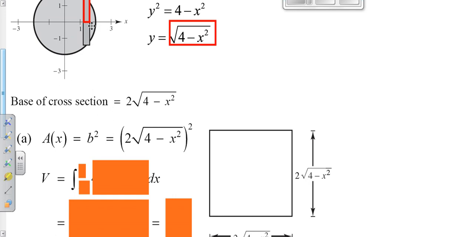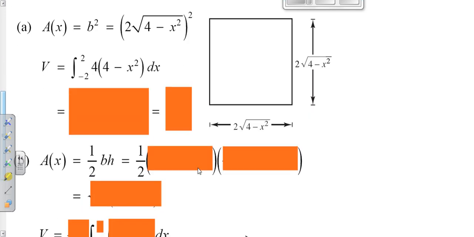That's how far left and right our circle goes. So we've got to start at negative 2, go all the way over to positive 2. And then to find the area of our square, we take one side and then just square it. That's what we're going to take the integral of. And when you square your 2 in front, you get this 4. When you square your square root, it cancels out, leaving us with this.